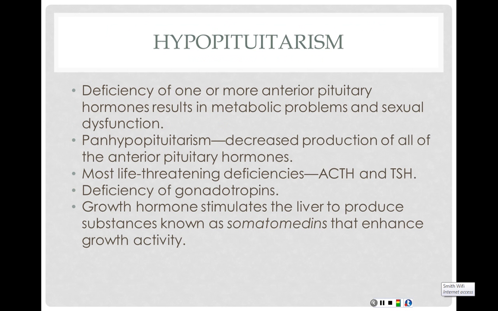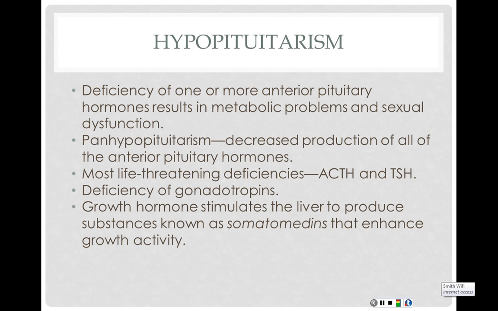So first we'll begin with talking about hypopituitarism. As it says here, it's a deficiency of one or more of the pituitary hormones and results in metabolic problems and sexual dysfunction. When we talk about panhypopituitarism, it's decreased production of all of the anterior pituitary hormones.